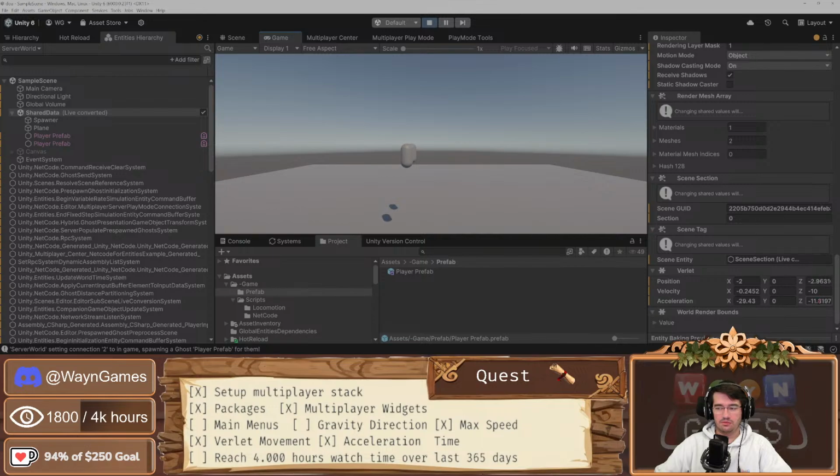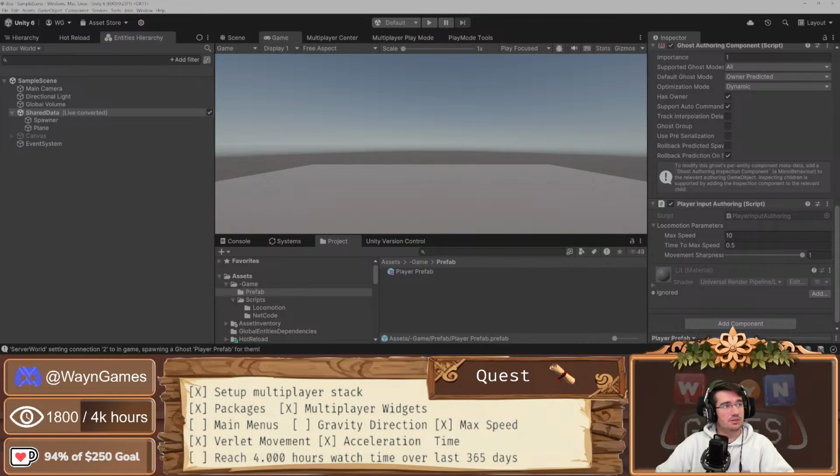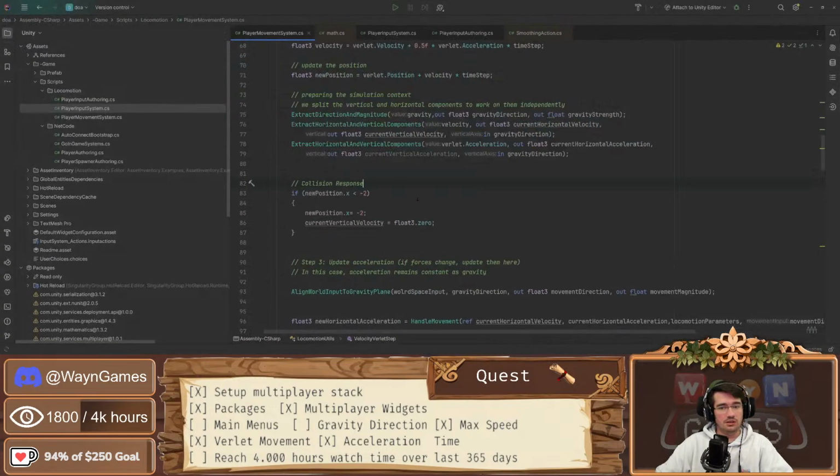So backward and forward is still okay, and left, right is not moving at all. I was expecting it to go up and down since I've switched the gravity, but apparently that is not done correctly.